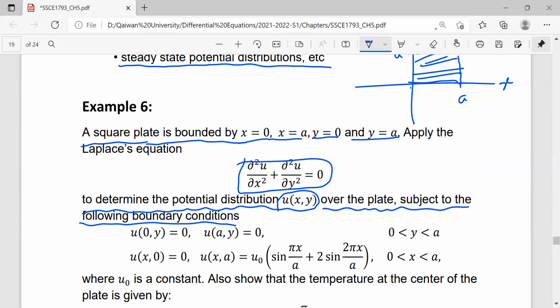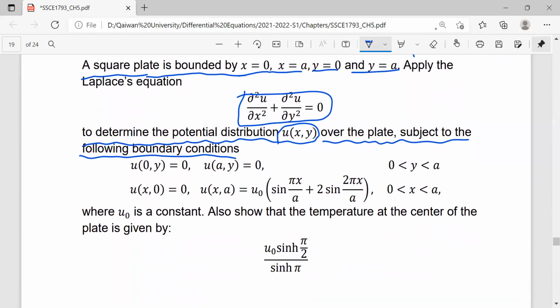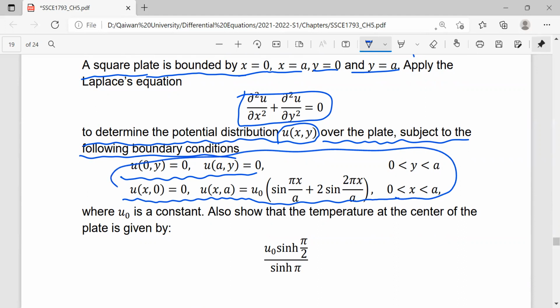We are also given these boundary conditions for the Laplace equation, where u naught is a constant. It could be a, b, c, any constant, but we write it as u naught.